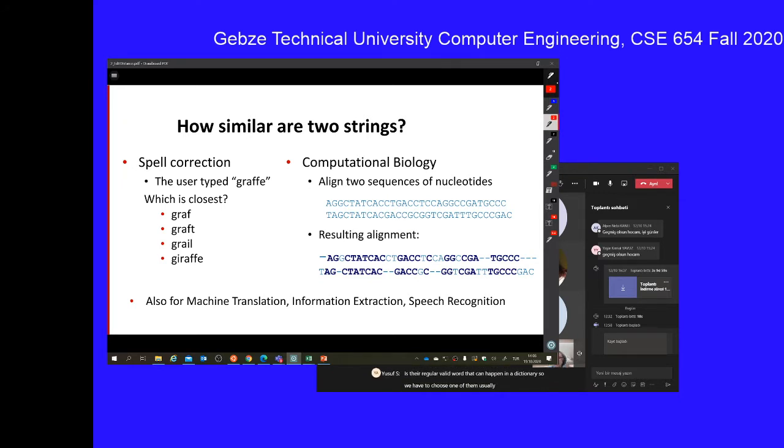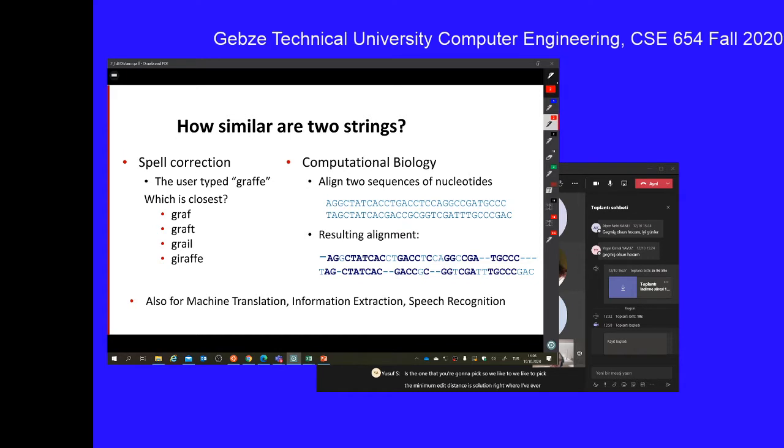Usually the one that is most similar, the one that is the cheapest in terms of keystrokes, changing from this word to one of these, is the one that we are going to pick. So we like to pick the minimum edit distance solution.